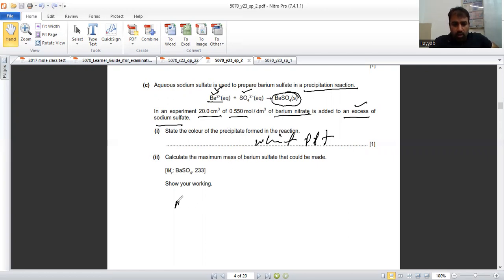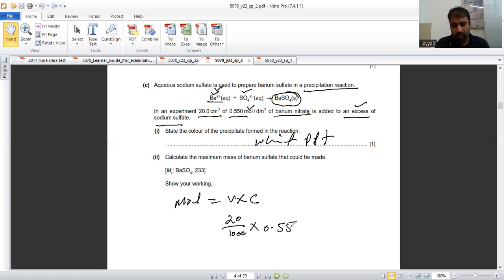How? Mole is equal to volume into concentration. Volume is 20 divided by 1000, multiplied by the concentration, 0.55. Why have we divided the 20 centimeter cube by 1000? Because we have to convert the volume, which is given in centimeter cube, into dm cube.